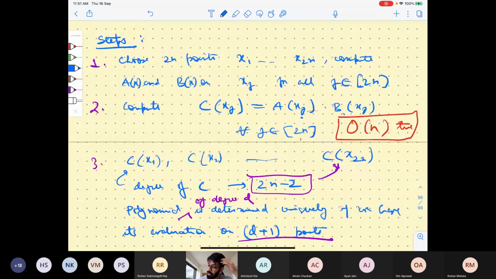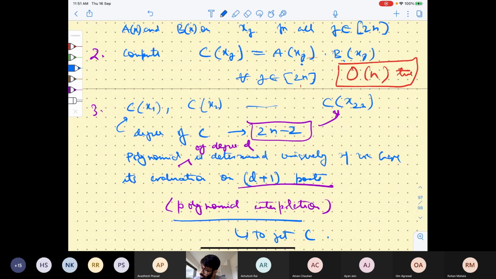Okay. Any questions about this approach, or what we are trying to do? Why are we calculating for 2n points? Aren't 2n minus 1 points enough? It is enough for 2n minus 1 points, right?